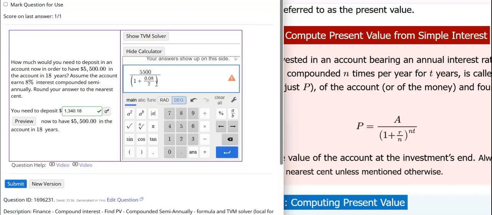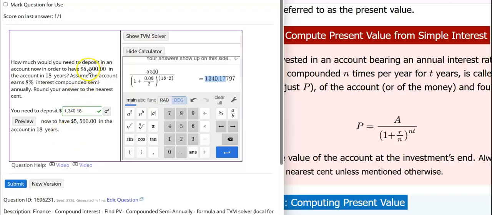I close this and raise to the power. To raise to a power, you can use either the A to the B option here, or just use the caret button from the keyboard. The exponent is n times t, so you multiply n and t. Here n is 2, t is 18, so you get 18 times 2. If you do that, you'll find the present value, P equals $1,340.18.